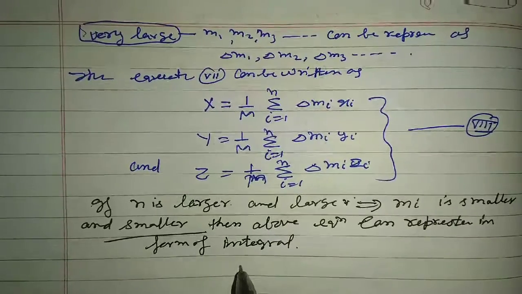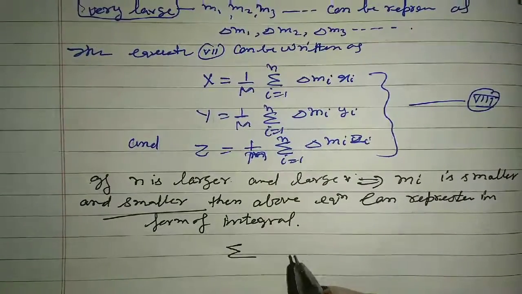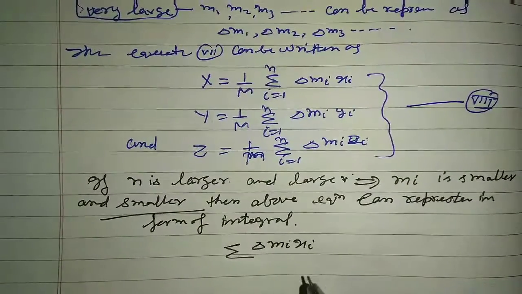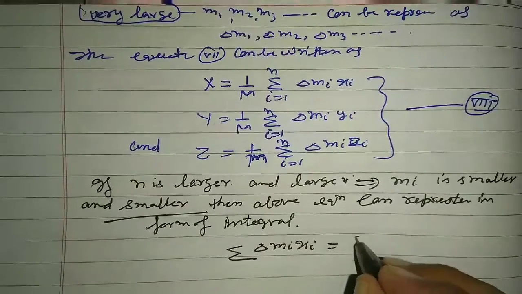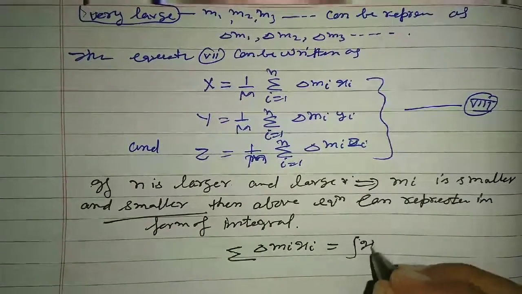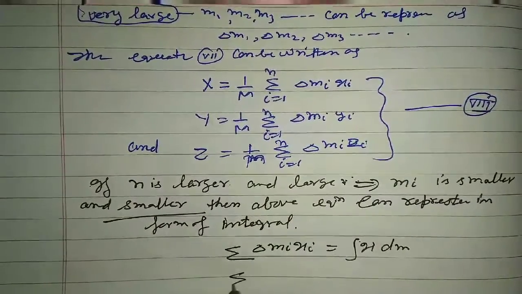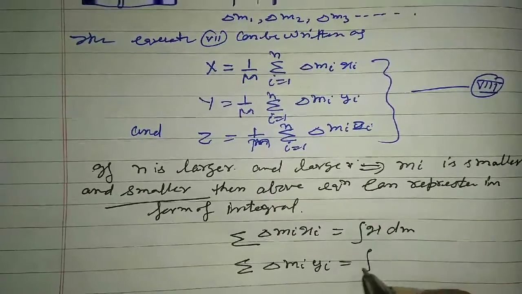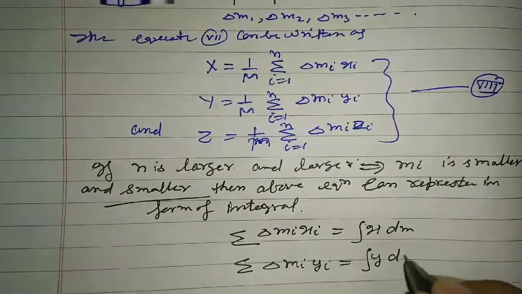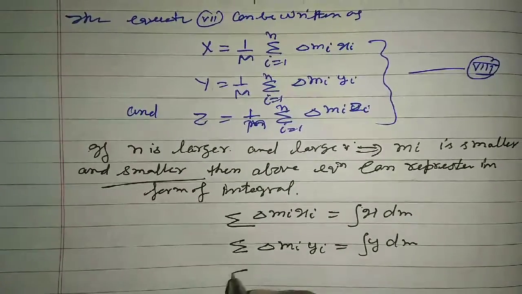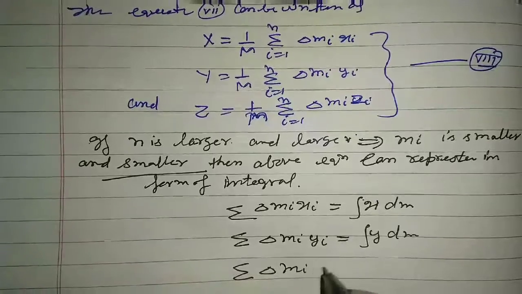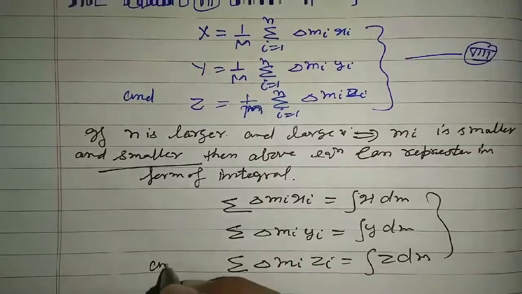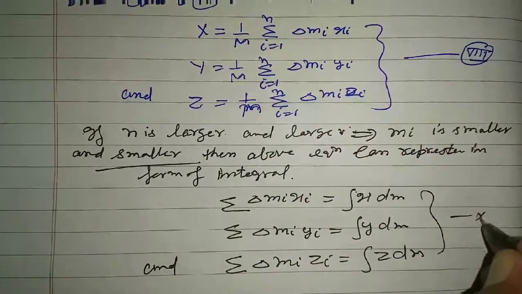See how the summation becomes an integral. Summation delta mi xi is equal to integral x dm, summation delta mi yi is equal to integral y dm, and summation delta mi zi is equal to integral z dm. This is equation number 9.